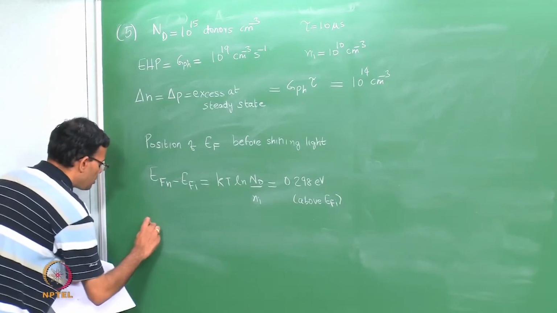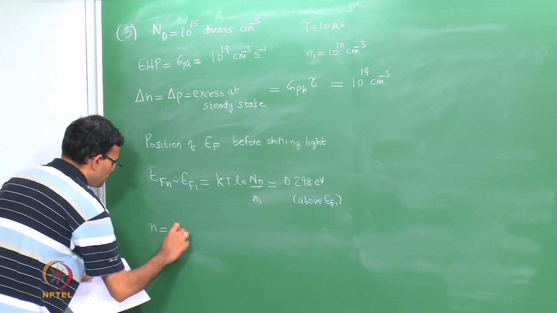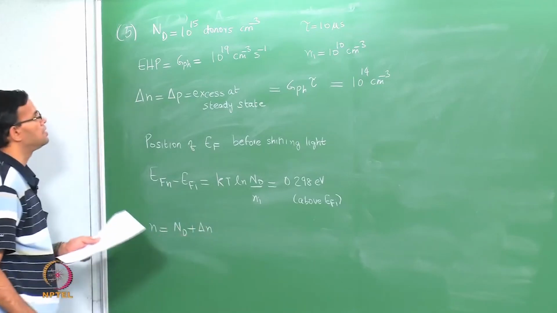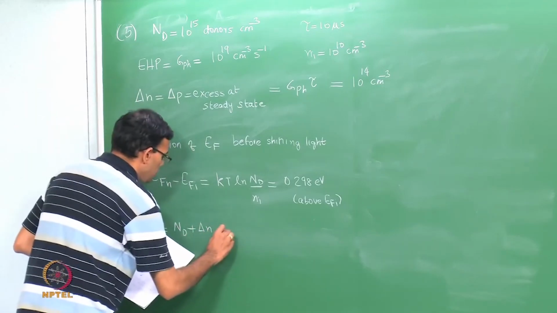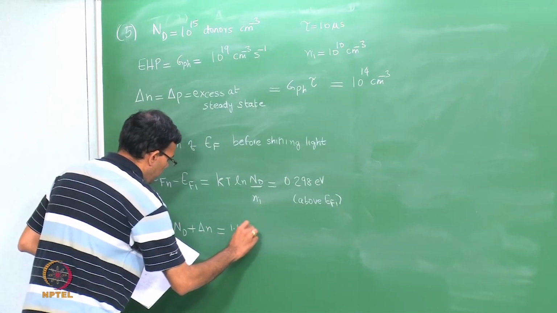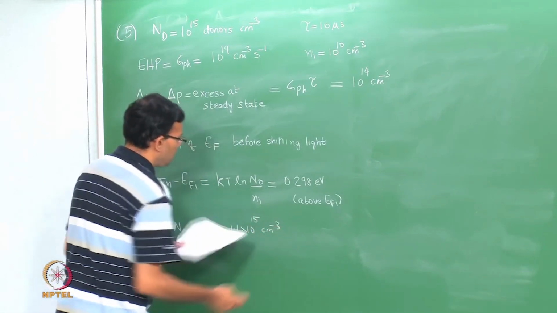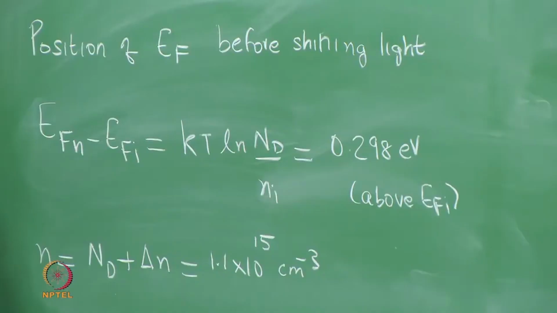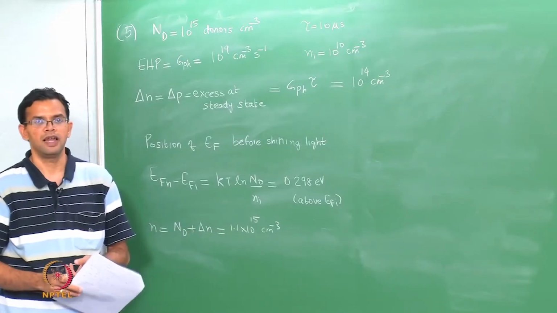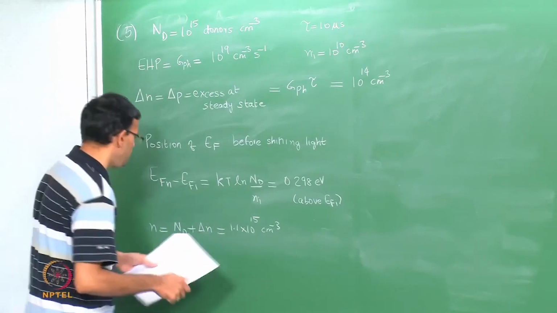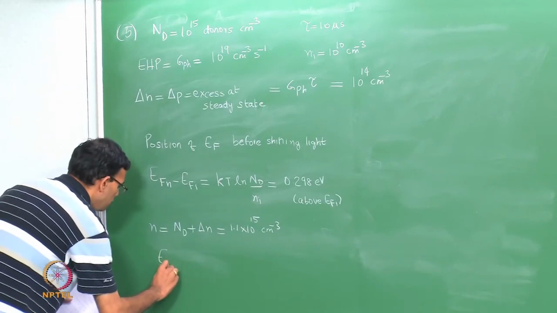So, your new electron concentration N is nothing but Nd plus delta N, which works out to be 1.1 times 10 to the 15 per centimeter cube. So, if you have an excess concentration of electrons, this will again cause a slight shift in the Fermi level. This is your quasi Fermi level.